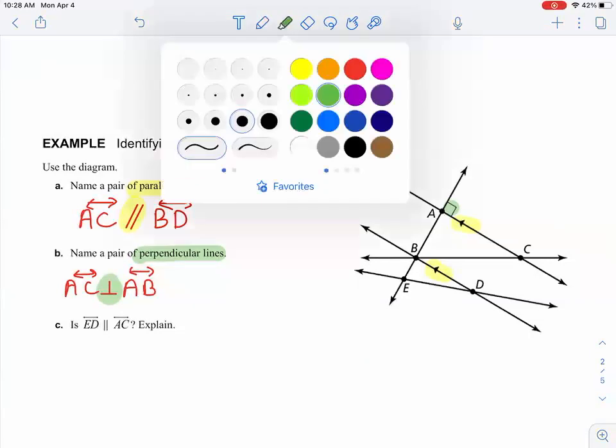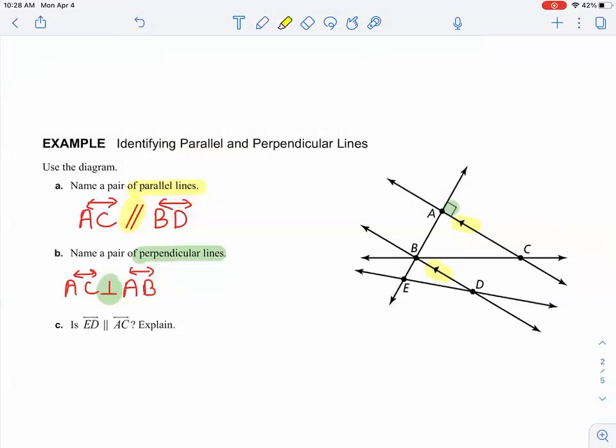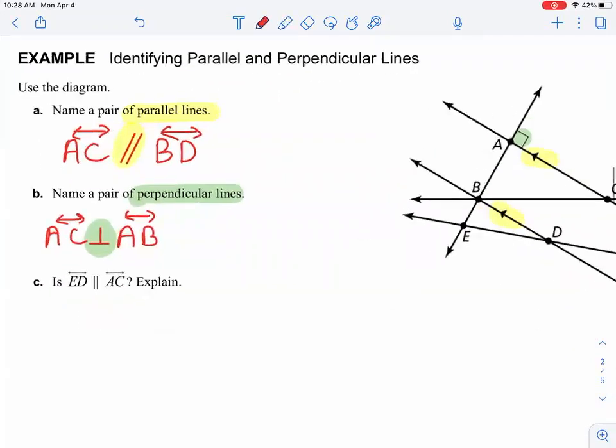All right, so the next question, let's see, is ED, this guy, parallel to AC? Are those two parallel? No, right? Why are they not parallel? Well, because they would intersect down here somewhere if we extended them. So is EC parallel to AC?